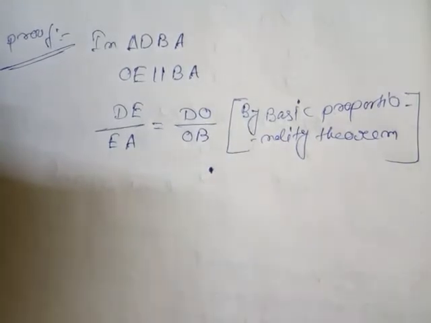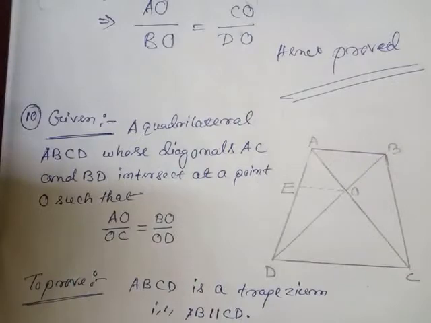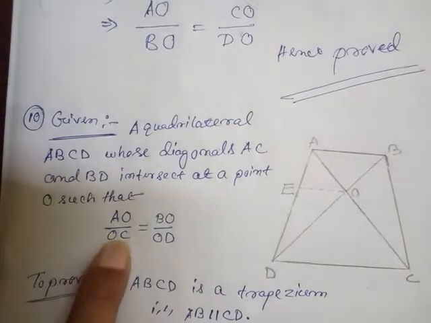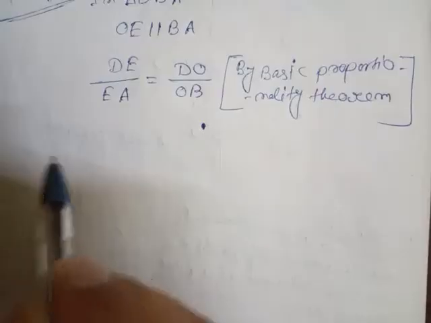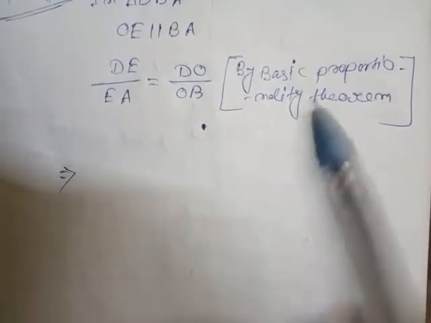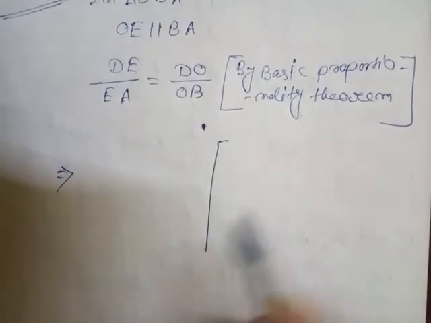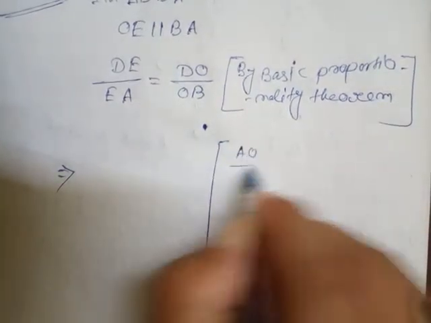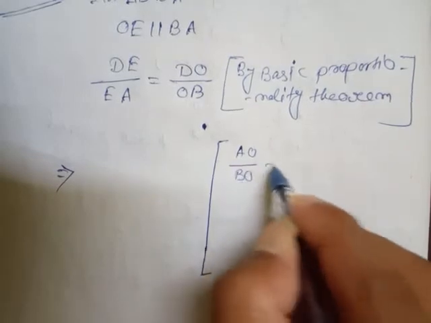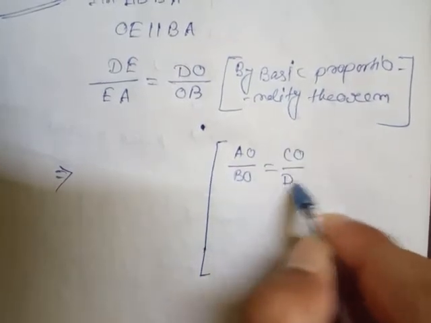Now look, after that, what is the given part here? The given part is AO by BO equal to CO by DO.